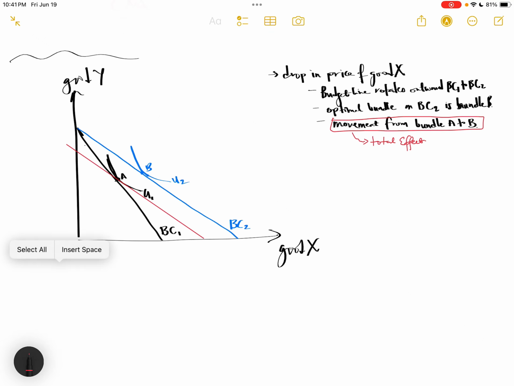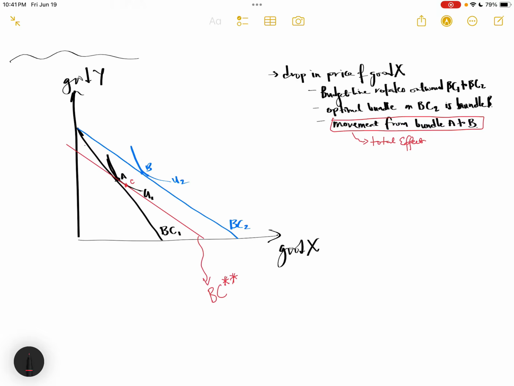Okay, so that is BC star star. BC star star is tangent to U1 right there. Let's call that point C. Tangent to U1 at point C. And that BC star star manufactured budget constraint is parallel to BC2.